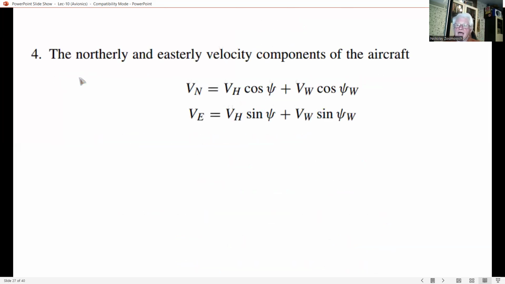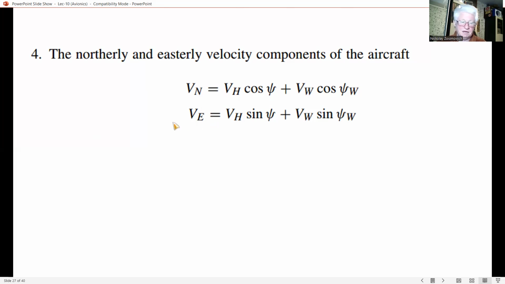Next, the northerly and easterly velocity components of the aircraft are then given by these two equations. So the northerly velocity component is proportional to V sub a cosine psi plus V sub w, the wind speed, cosine psi w.